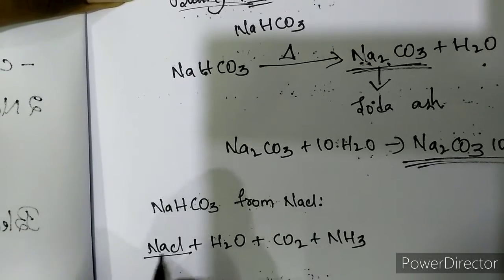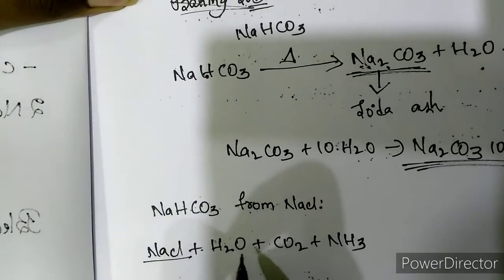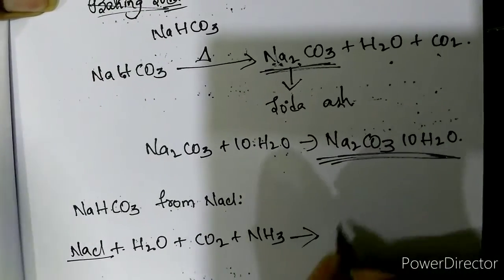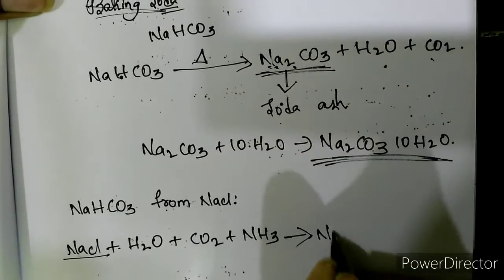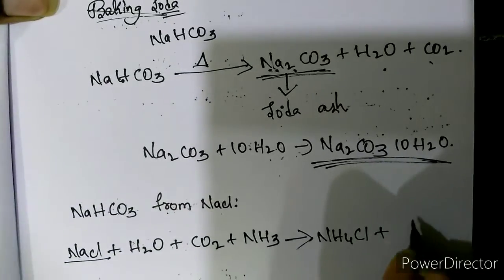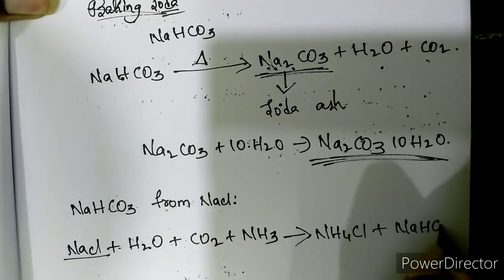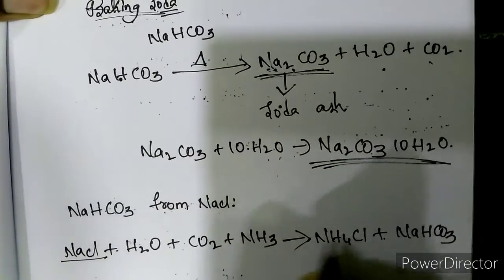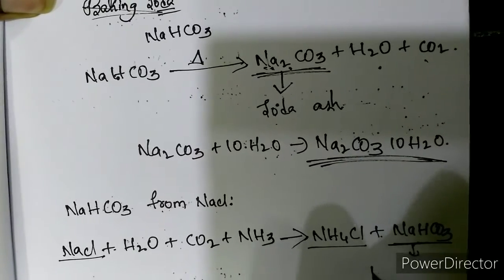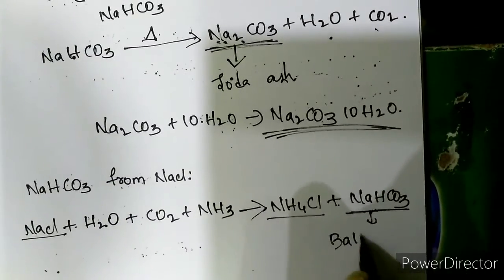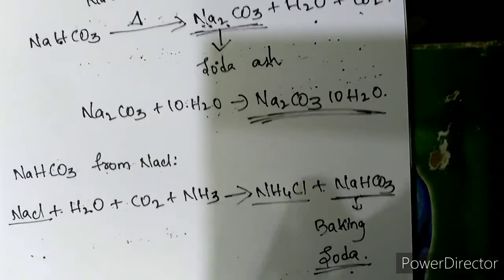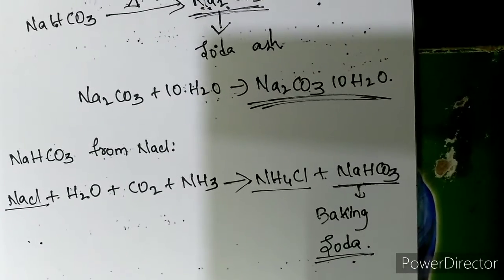So if we react NaCl plus water plus carbon dioxide plus ammonia, the products of this reaction are NH4Cl, that is ammonium chloride, plus NaHCO3. These two are the products of this total reaction. Ammonium chloride and sodium bicarbonate, nothing but baking soda, is formed. This is the formation of baking soda from common salt.